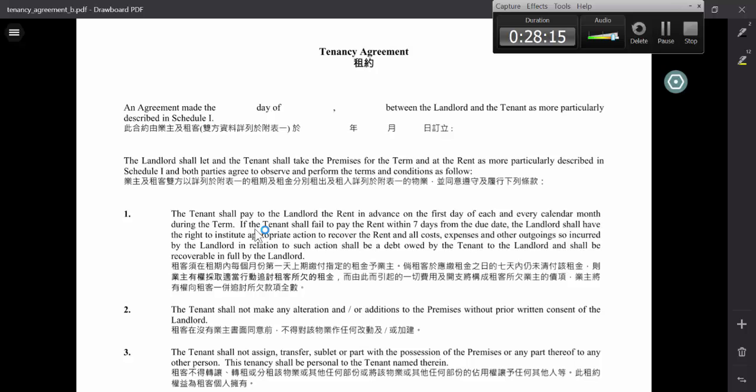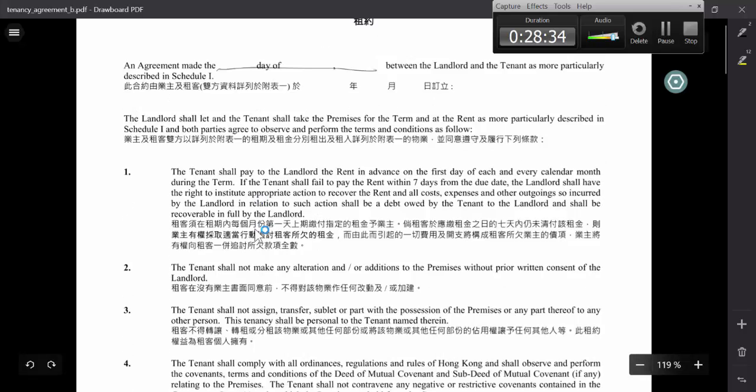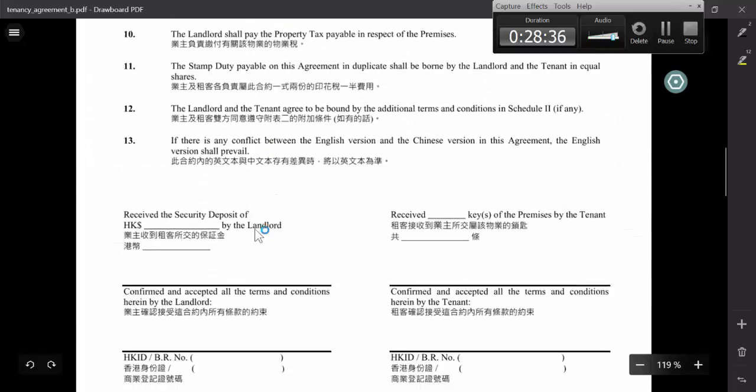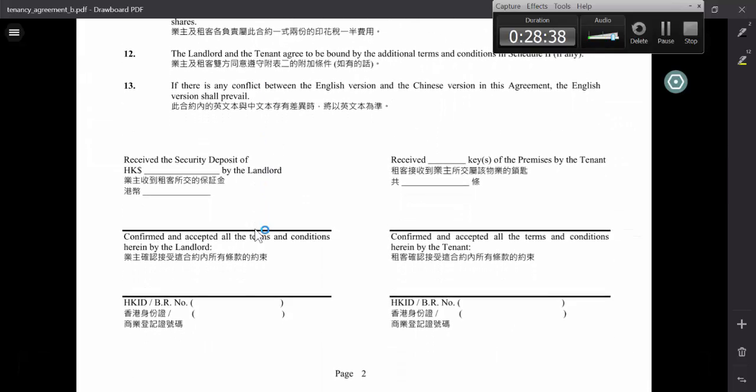Now, you could, if you really want to, change this 7 to about 5, if the other party is okay with that. But normally you don't change anything. You just put in the date, and then the 2 parties, and then you just sign at the end. You just sign here, and then you sign there, and then your ID card and the date and so on.